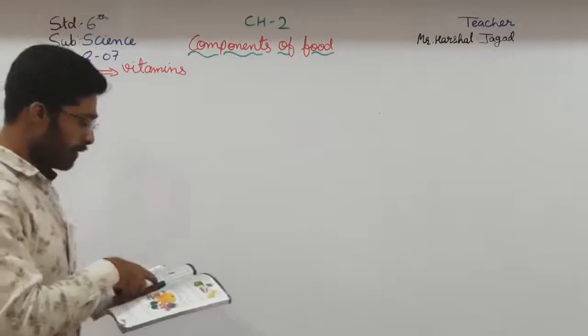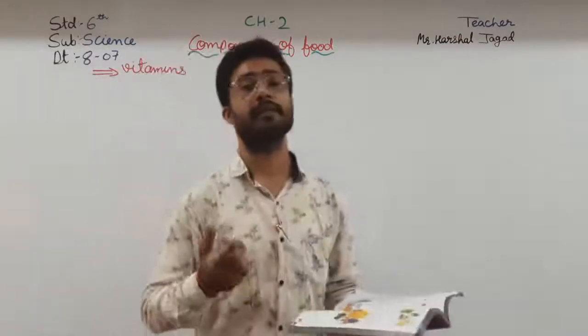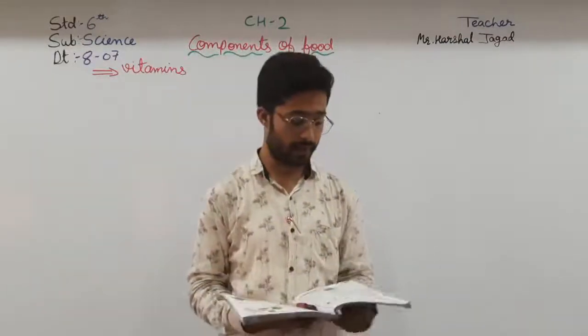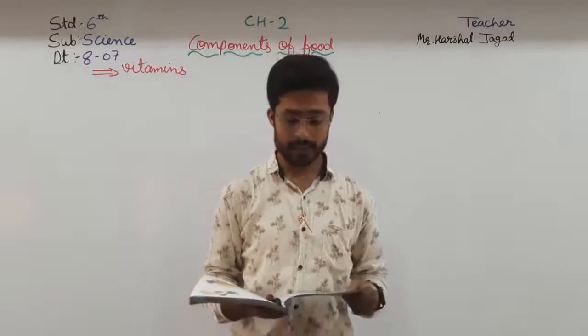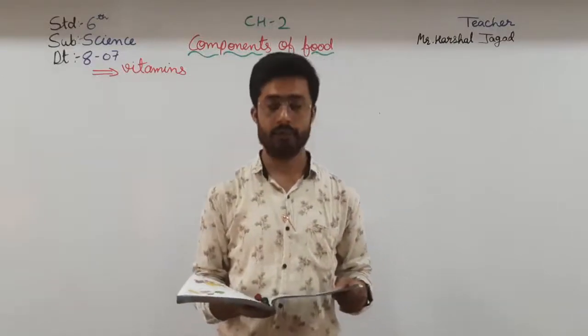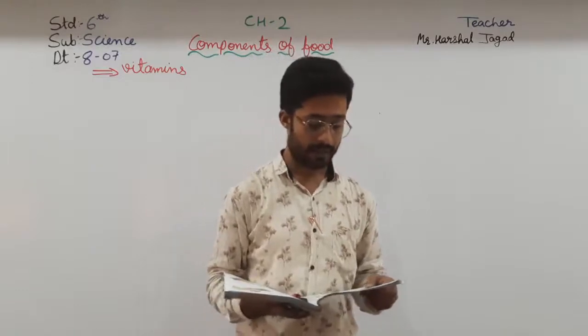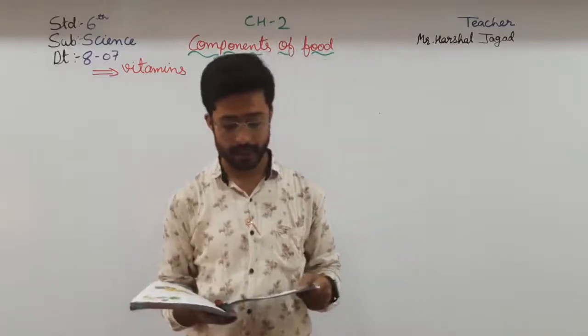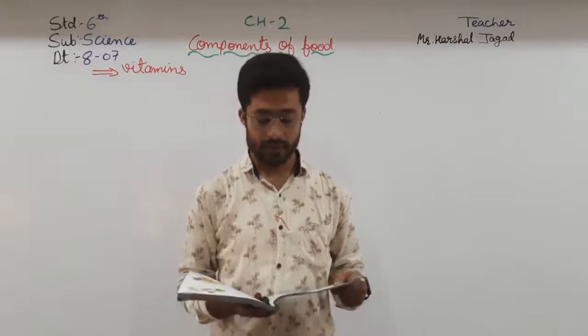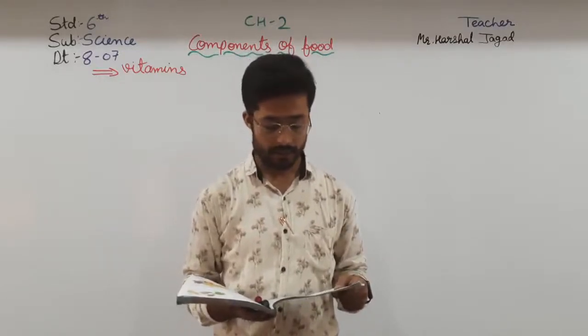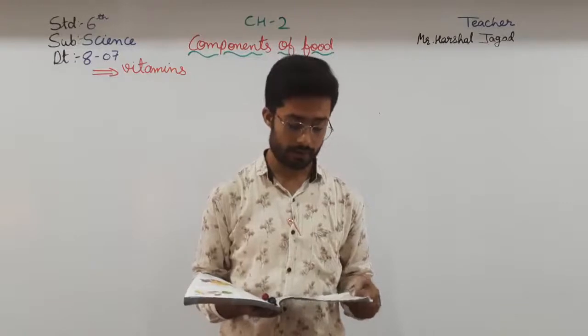First of all, how are vitamins useful? It is written that our body needs vitamins and minerals for normal functioning and prevention from disease. Vitamins help keep our eyes, bones, teeth and gums healthy. Vitamins are of two types, fat soluble and water soluble.